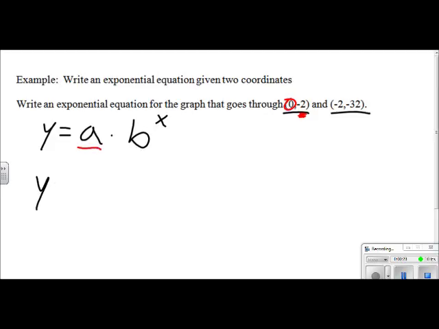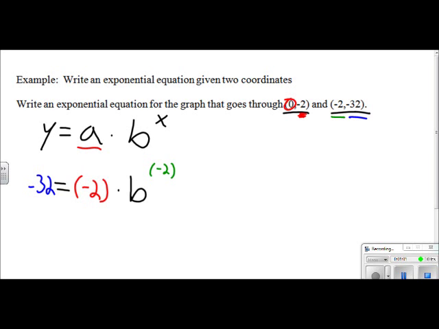So we can replace that right away and say y equals -2 times b to the x. And then over here, these give us our x and y values that we can plug in. So I'm going to change this x value here to that x value of -2, and change this y value here to our y value of -32.